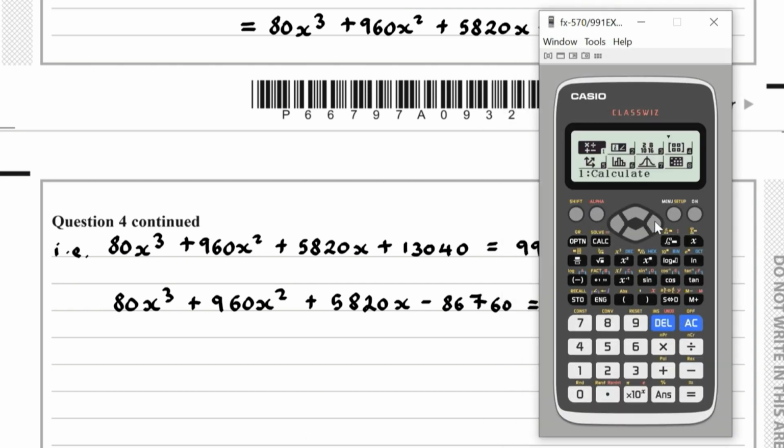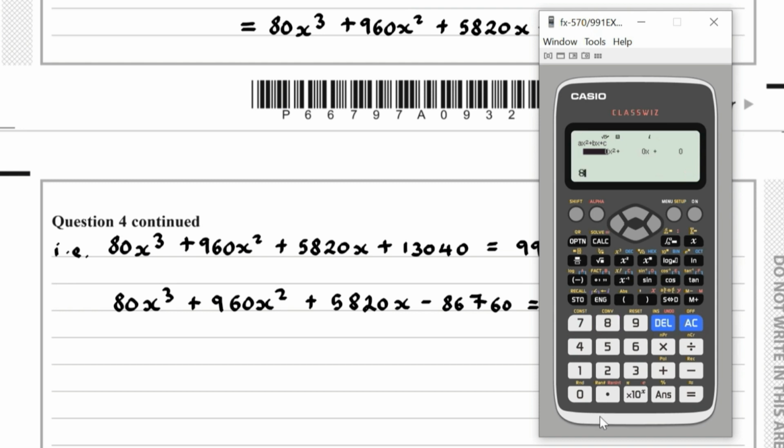And if we use our calculator feature to help solve this polynomial, if we type in the coefficients, let's make sure we typed it correctly.